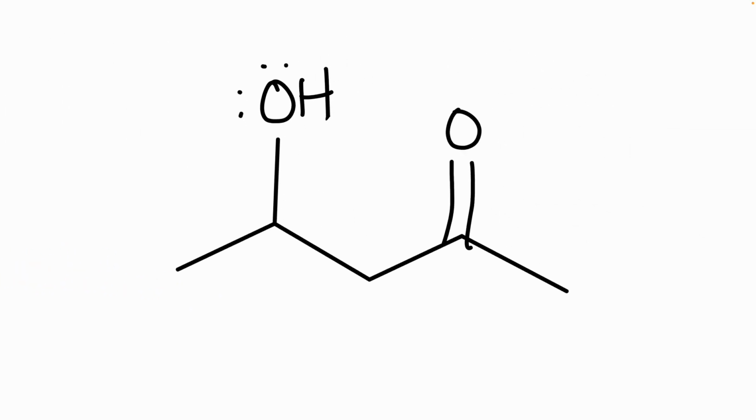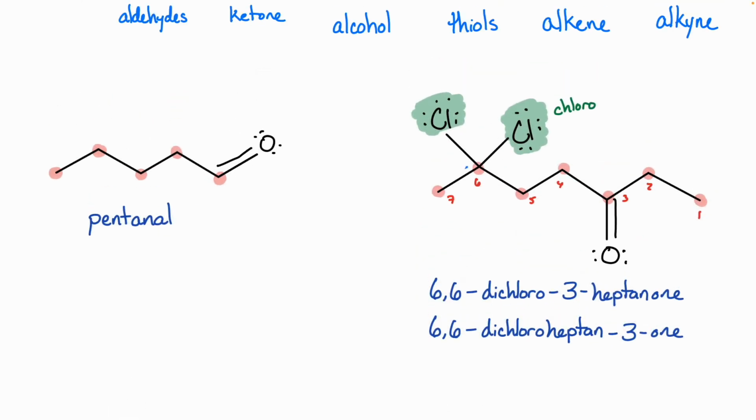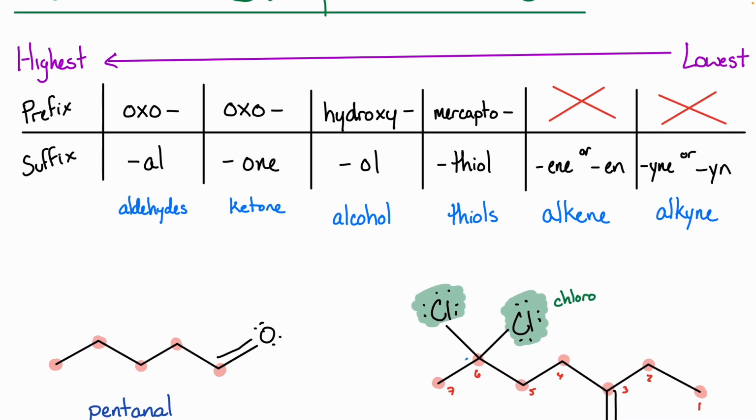All right, so now we got this mixture here of this alcohol group and what other one? Ketone or aldehyde? Ketone. And according to our little spectrum here, the ketone wins, right? The ketone is the higher priority functional group. So I'm going to refer to that by the suffix -one. My alcohol is the lower priority functional group. So I'm going to refer to it as a substituent, as a hydroxy substituent.